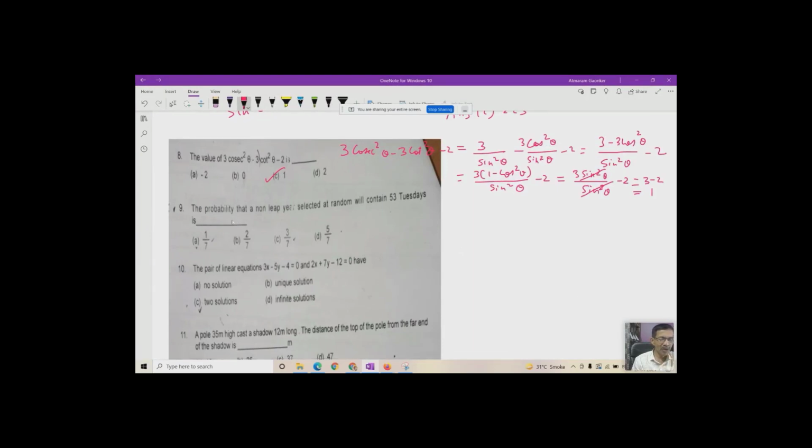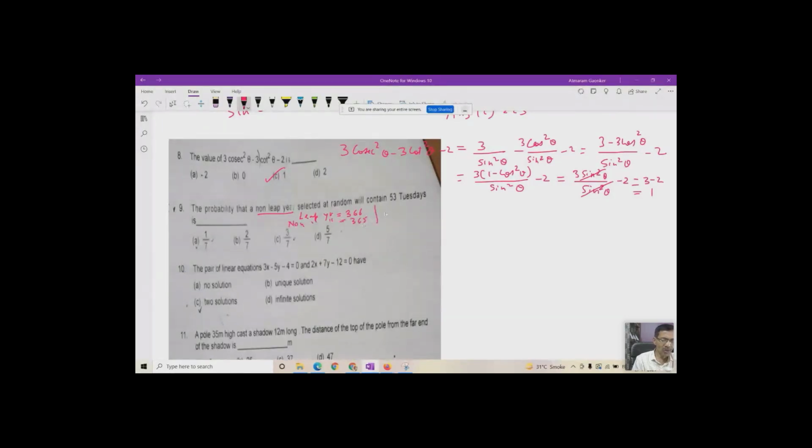Now in question number 9, given is non-leap year. So a non-leap year has 365 days.